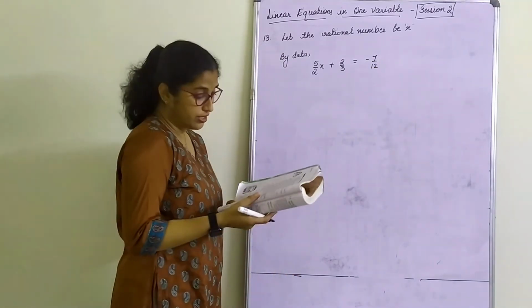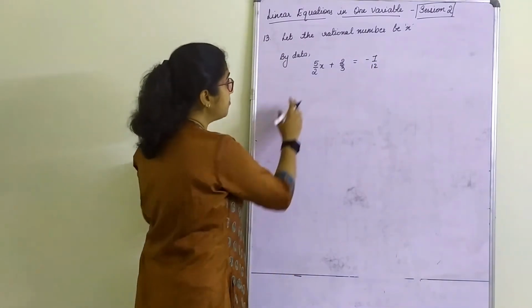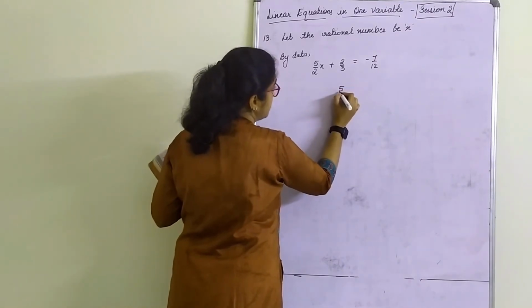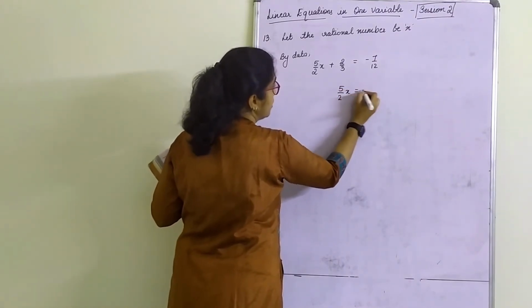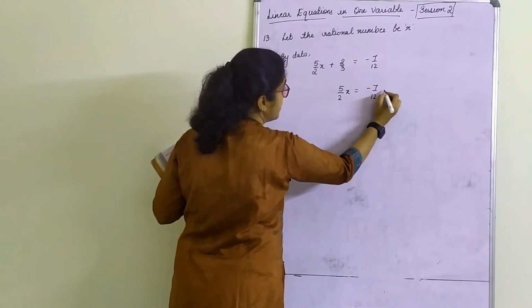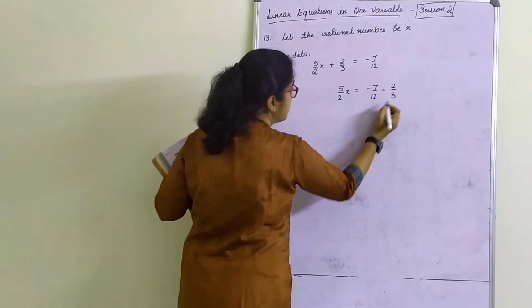This is the equation given. What is the number? Let's keep X as it is here only. 5 by 2X is equal to minus 7 by 12 minus 2 by 3.